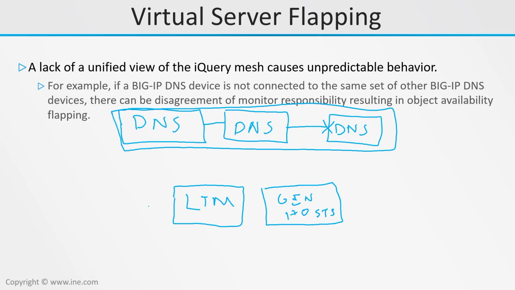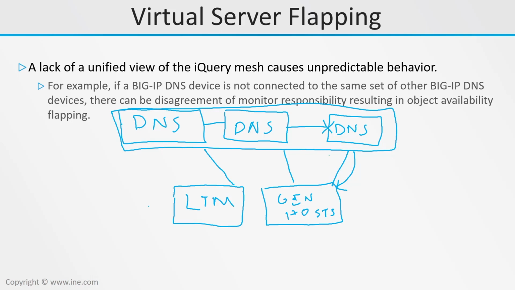These devices are all monitoring these specific servers, but if this DNS device loses its capability for iQuery via its sync group and tries to query on its own, it can still send incompatible results based on the status of these, maybe if this DNS device has a separate path, like a private link to these generic hosts.